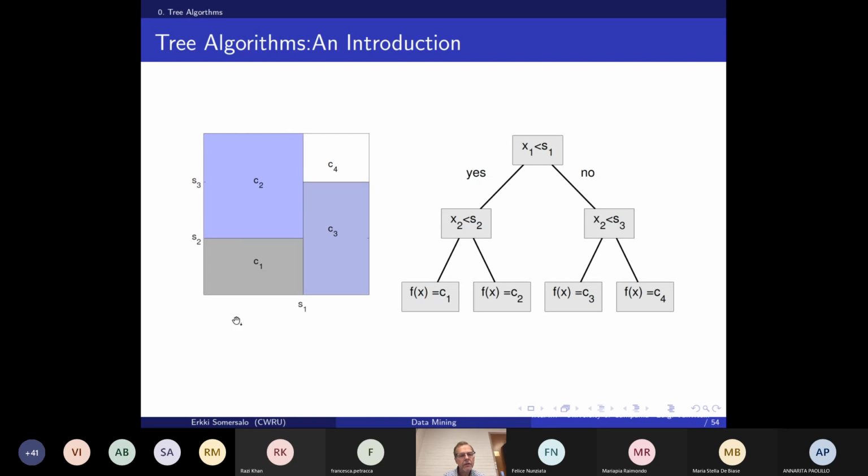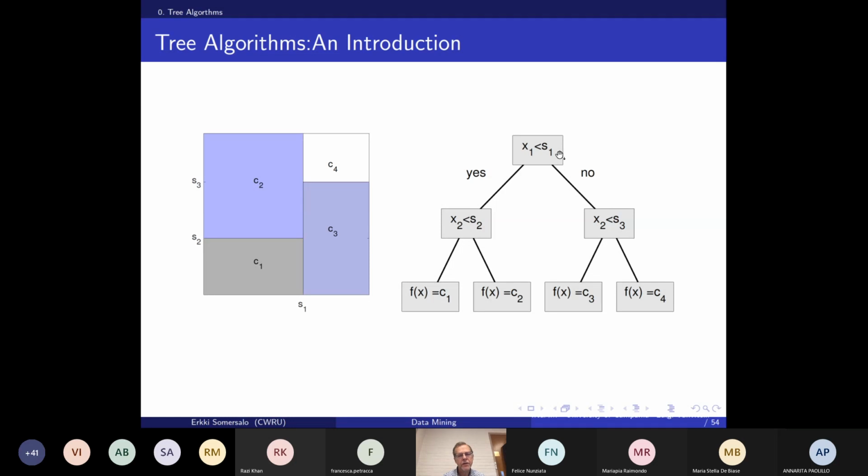Let me see, there is something strange in this picture. This is not the picture that I wanted to show you, but maybe this explains it anyway. Okay, it is actually fine. So let's think that you have a 2 attribute data set, X1 and X2.